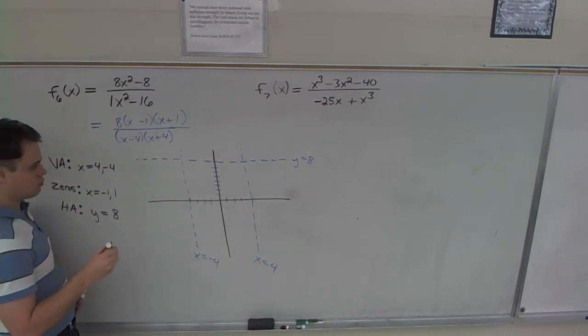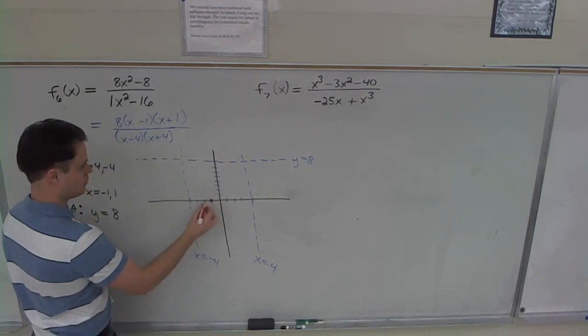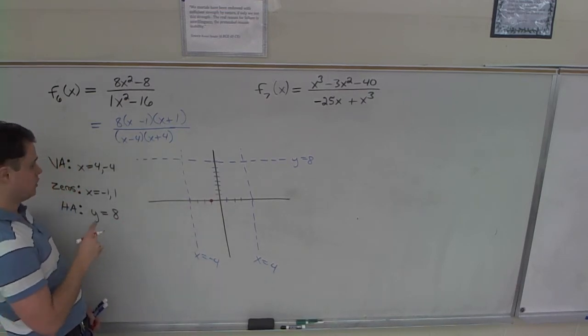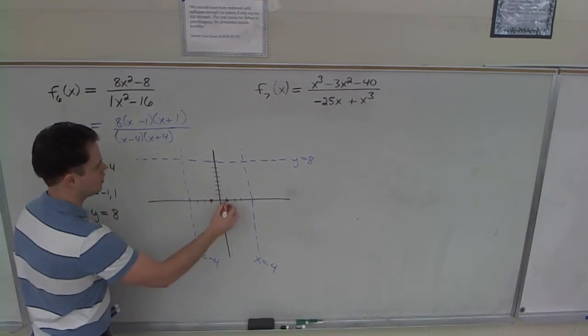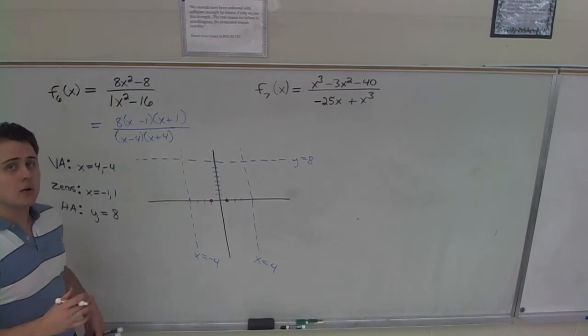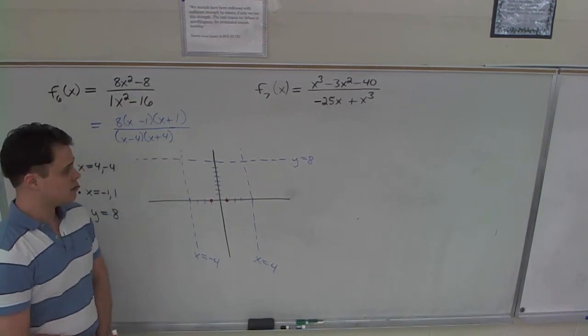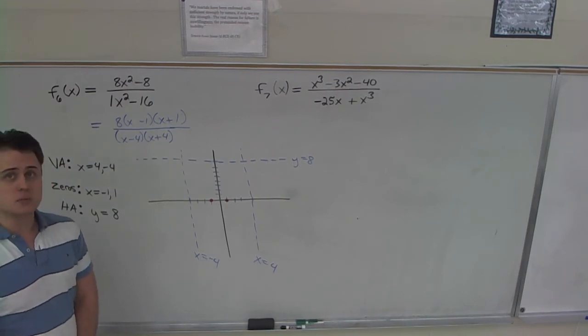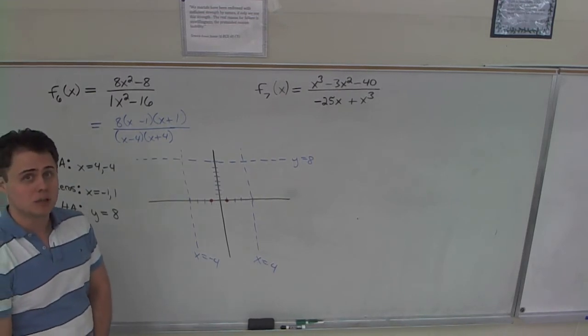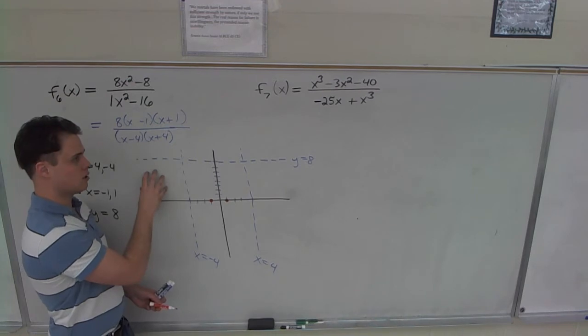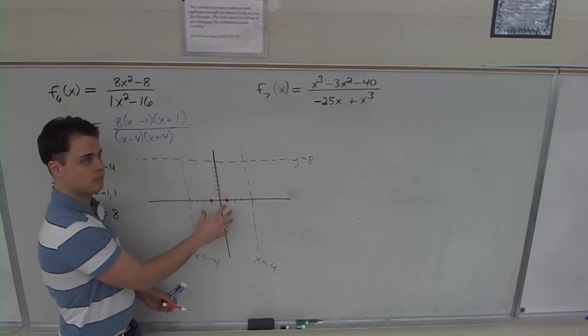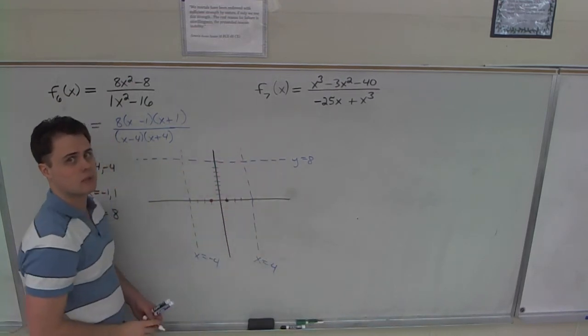We've got one at negative 1. That's actually a point on the function. We've got one at positive 1, another point on the function. So now we want to, remember, use test points and or Spock logic to think about where these pieces of the rational function are going to be. So we've got one here, one here, and one here.